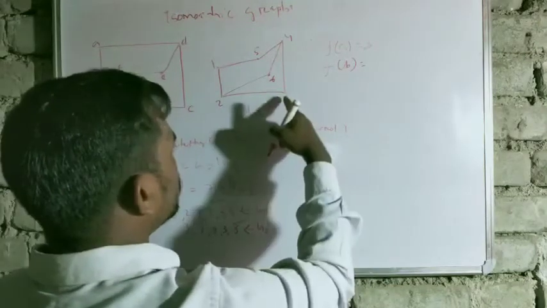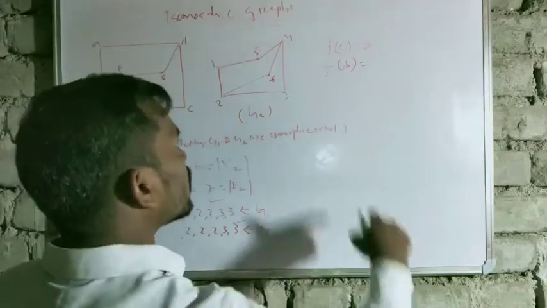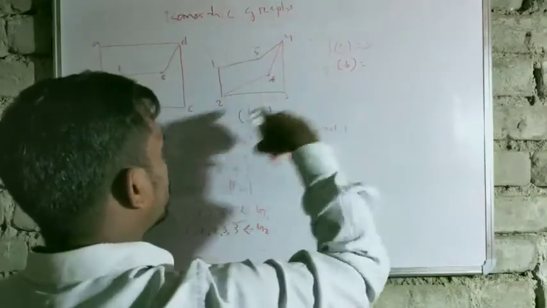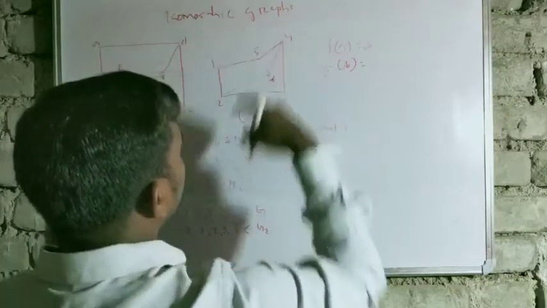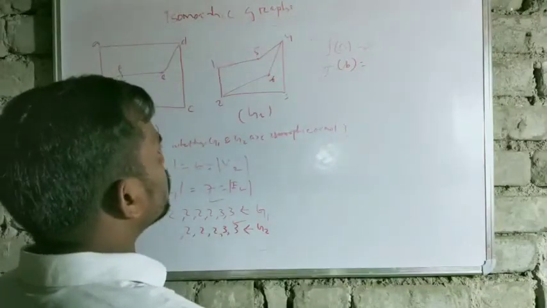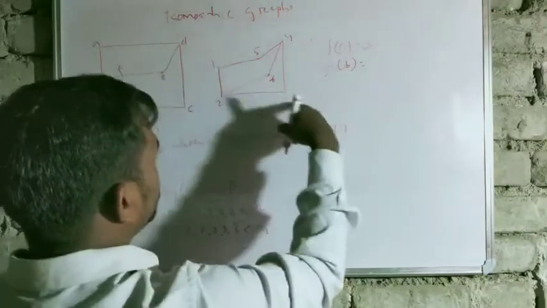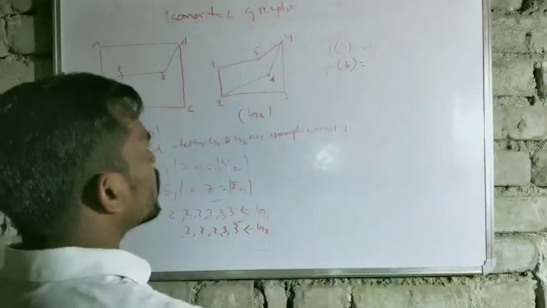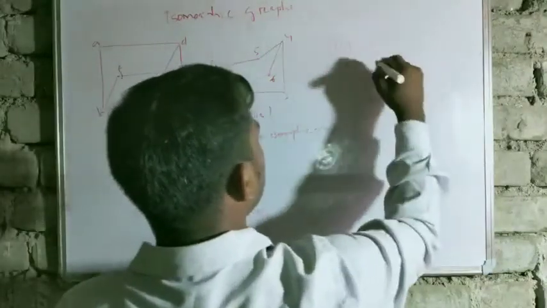So you have to choose f of B whose adjacent vertices are of degree 2. Similarly, we can choose either 2 or 4. Because if you choose 2, then its adjacent vertices are of degree 2. If you choose 4, then its adjacent vertices are of degree 2. So you can take anything, 2 or 4.